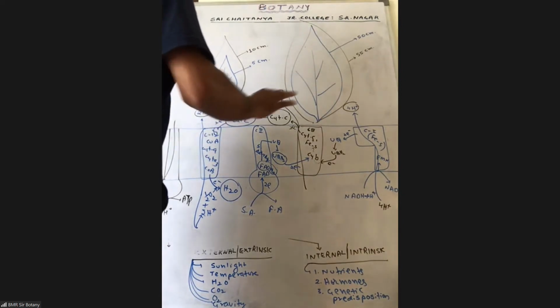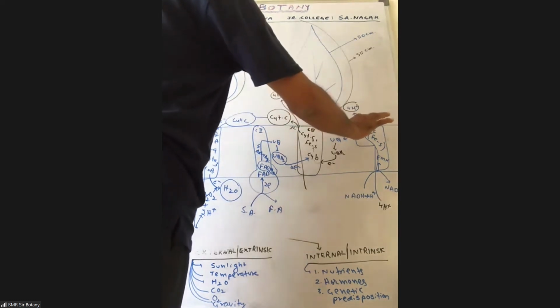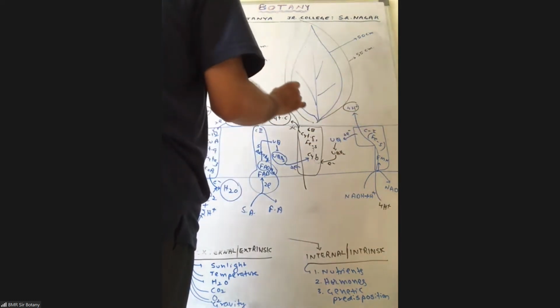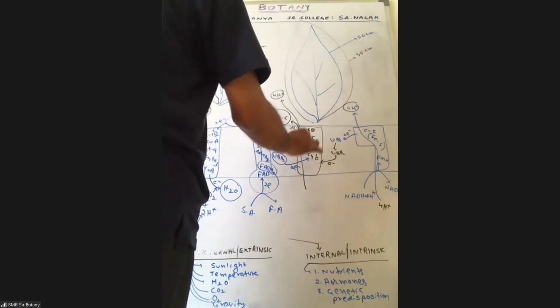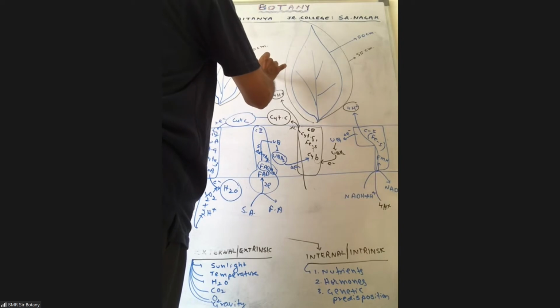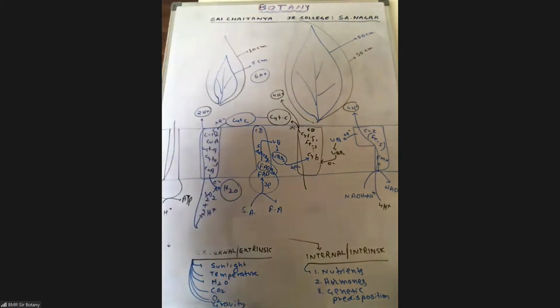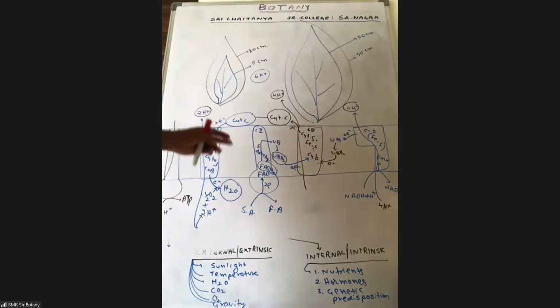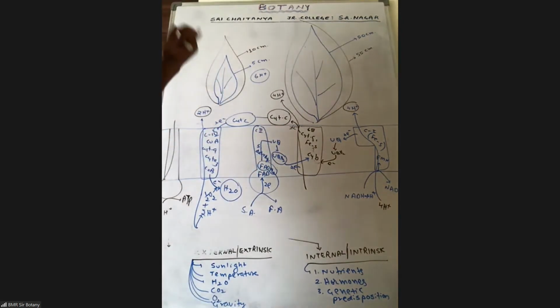In which case, complex 1 does not participate. If so, for 1 FADH2 to undergo oxidation, we have only 6 protons: 4 as usual from complex 3, but only 2 from complex 4.